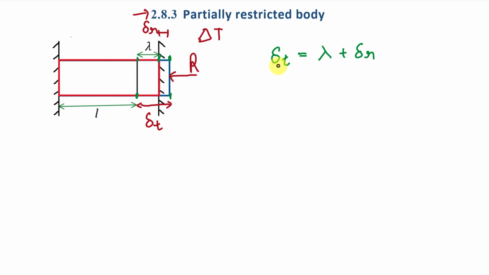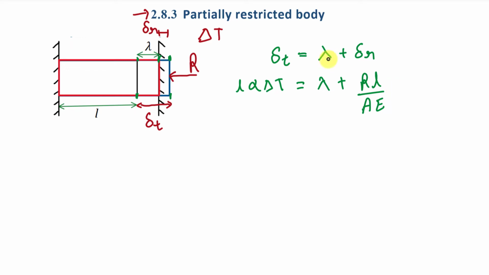Now we know that delta T is the change in length due to temperature difference delta T, so it will be L alpha delta T, where L is the initial length of this body and alpha is the coefficient of thermal expansion. It will be equal to lambda plus the value of delta R. We know that delta R is the deformation of this body due to axial load R, or we can say axial reaction R, so it will be RL by AE.